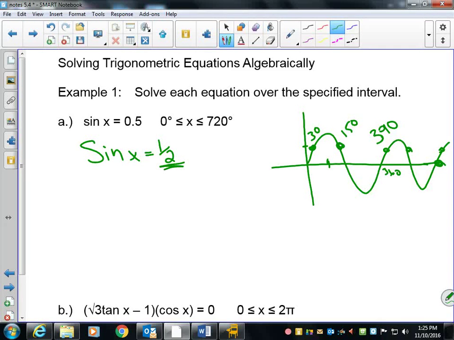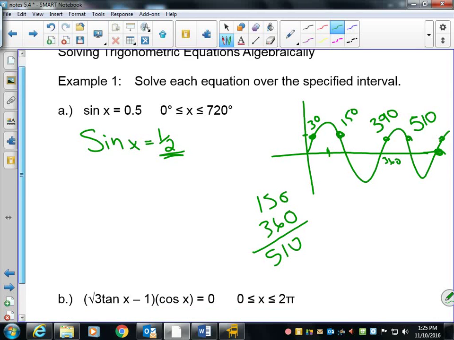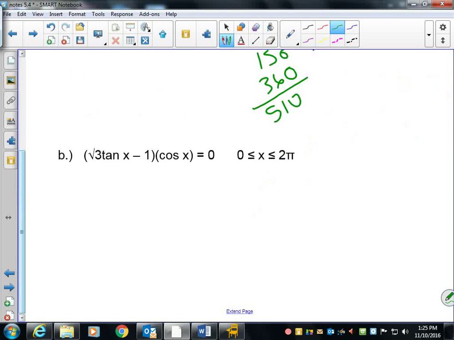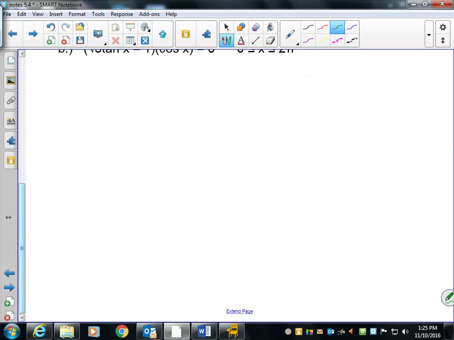Or you take 150 and add 360. 150 plus 360 is 510, right? So that one was a nice one to solve for because that's a reference angle. We know what sine theta equals 1/2, right? They'll ask you to do these ones where you can solve, okay?